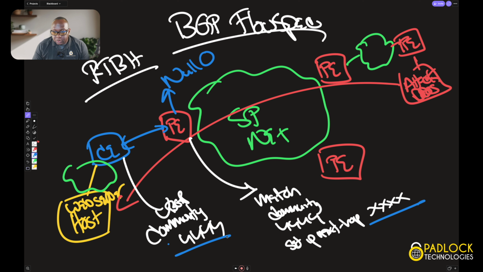The problem with this is you have to do this on every PE in the network. That is an administrative nightmare depending on how many PEs you actually have. So you don't really want to do this. The other thing is this /32 that you're sending with that community value on there, you're basically blocking all the traffic, no matter what the traffic is.